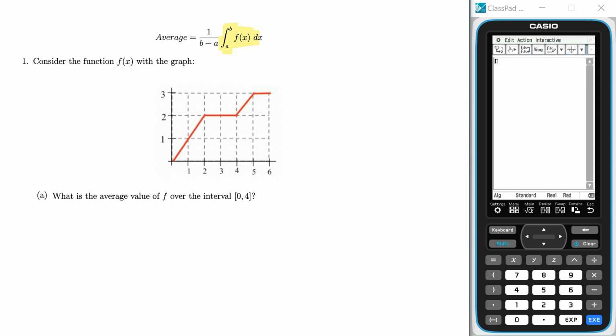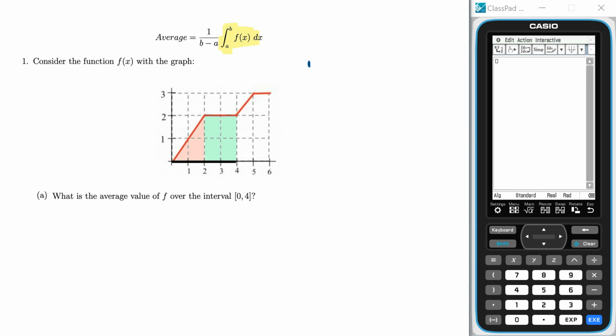Now we don't know the rule of f of x, so we can't use this part of the formula. But looking at the graph, we can easily work out the area enclosed by the graph and the x-axis using geometry. The area under the graph for the interval from 0 to 4 can be split into two sections. We have a triangle and a rectangle.